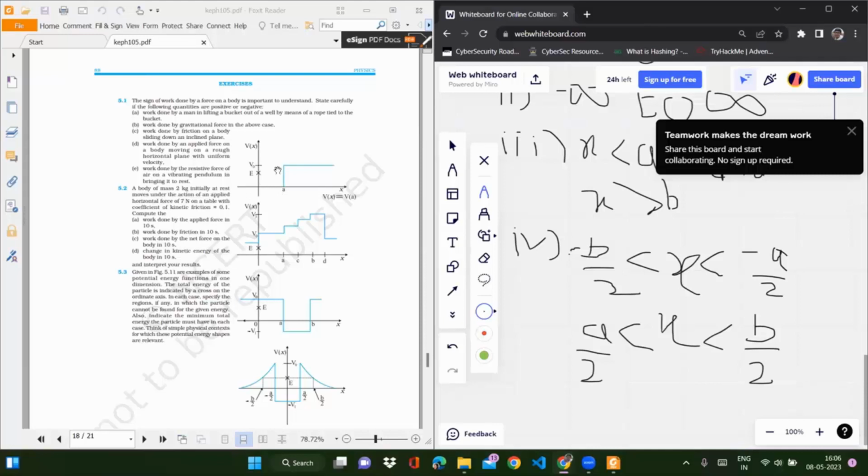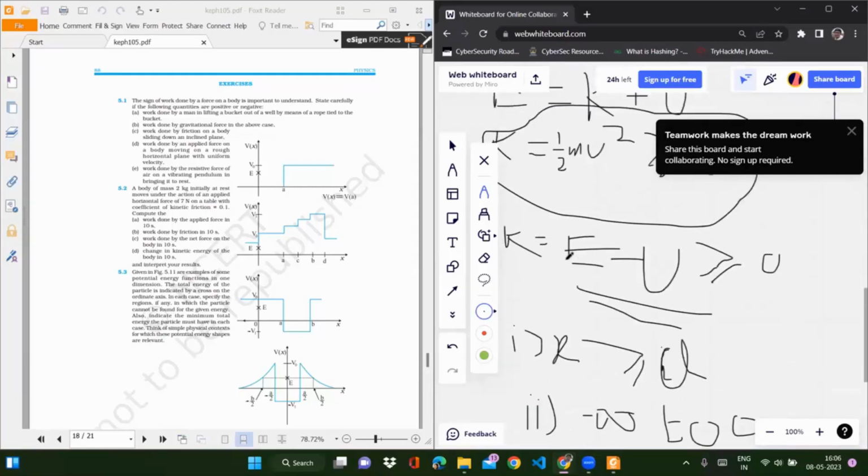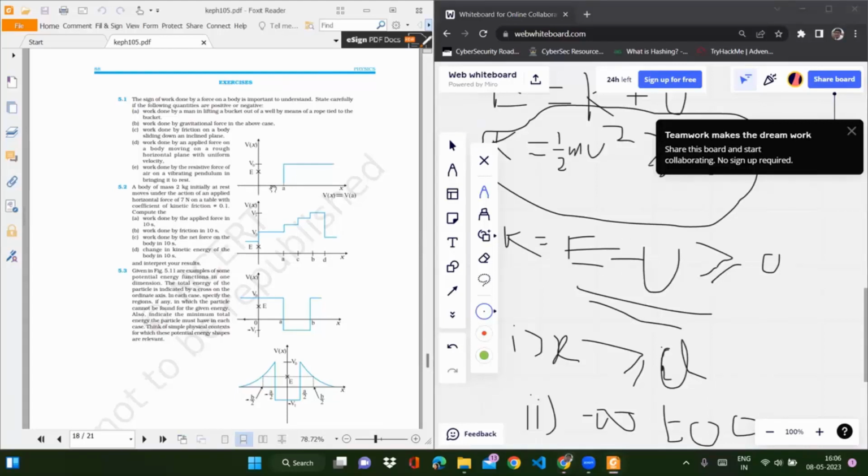So in this region, what can be the least total energy? As we know, the total energy must be greater than or equal to the potential energy. So E greater than or equal to U means it can be at least equal to the potential energy. In the first case, the least potential energy in this region of x less than or equal to a is 0. So the least total energy which can be taken is 0.